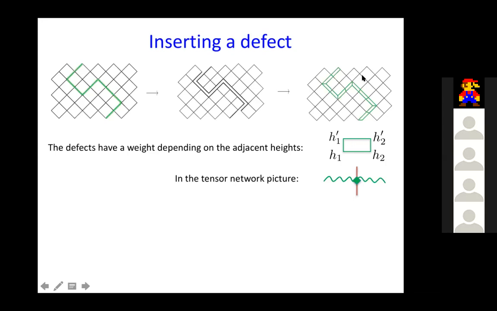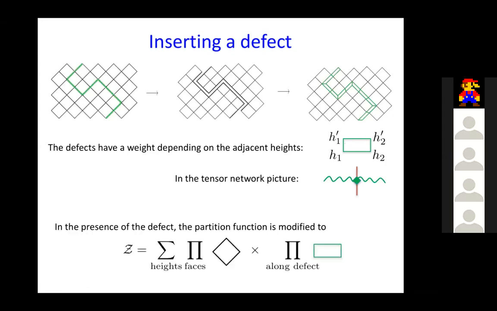Just like I have Boltzmann weights for what configurations of heights are on this lattice, I have some weight for this defect line here. And so here's the partition function. In the absence of the defects, just forget this. The point is you've got some number associated with depending on which 4 heights live around each face of the lattice.